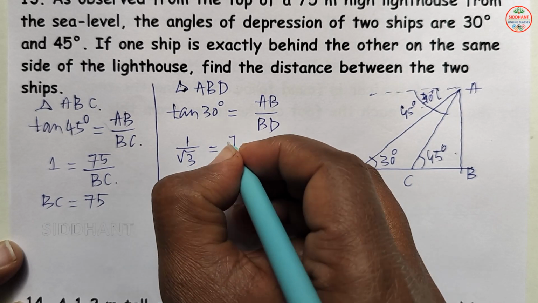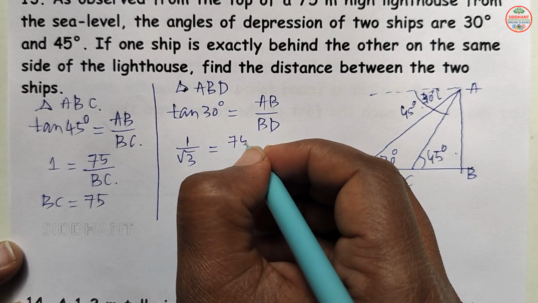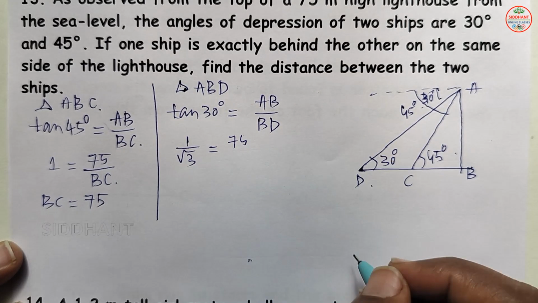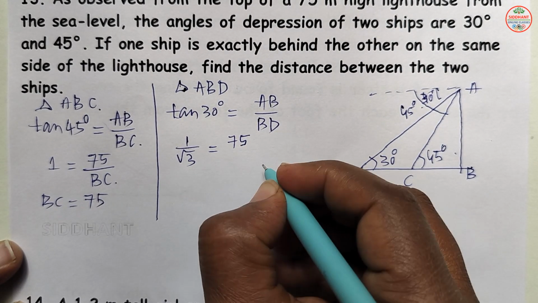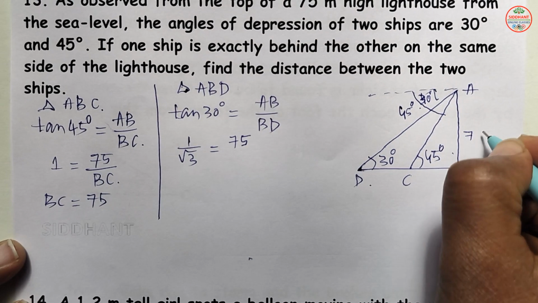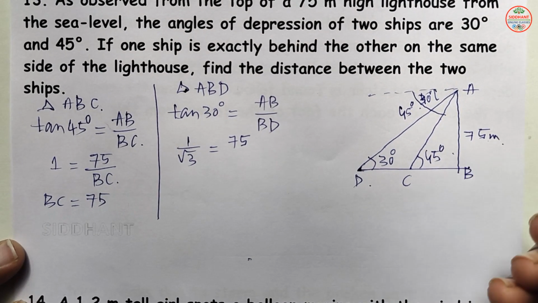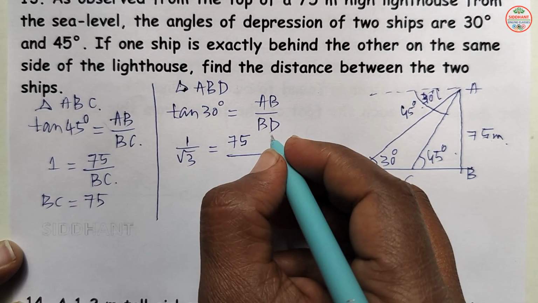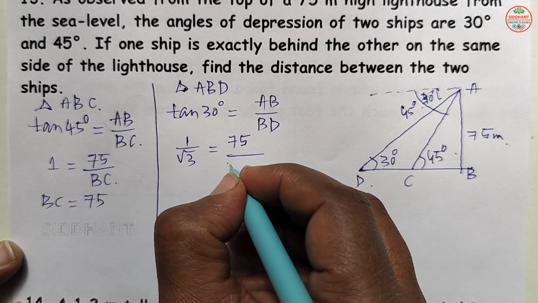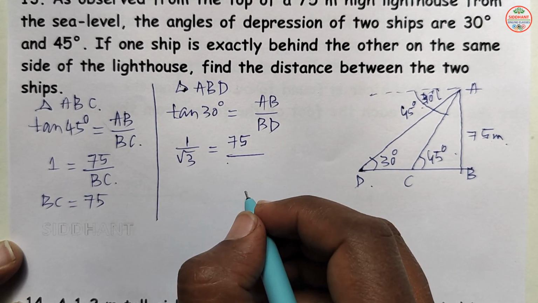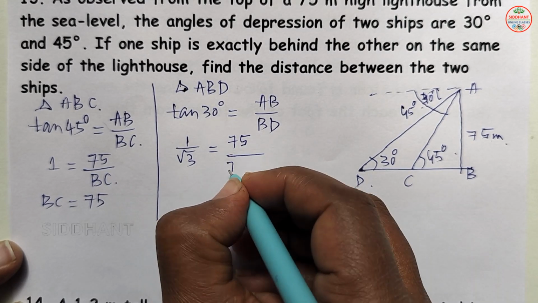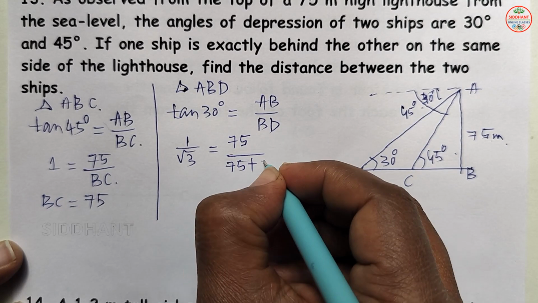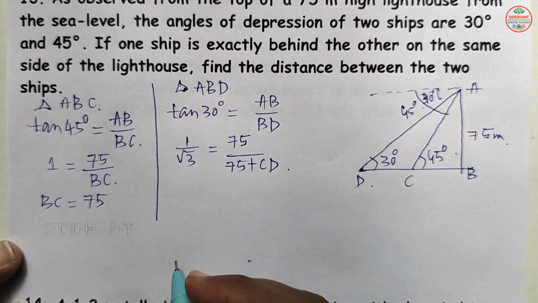AB is given as 75 meters. So BD, which is BC plus CD, that means 75 plus CD here.